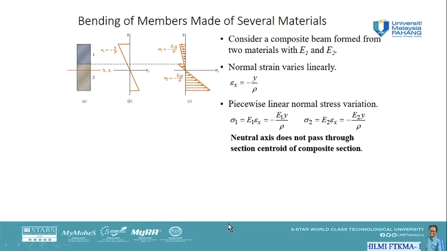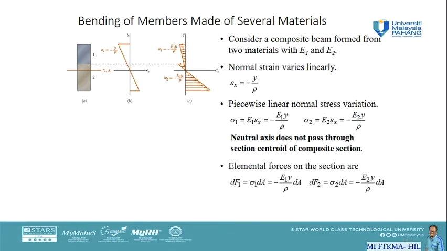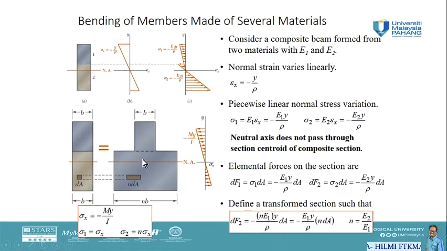So it follows that the force dF1 exerted on an element of area dA of the upper portion of the cross section is given by dF1 equal to sigma 1 times dA. This is the elemental force in the first material.